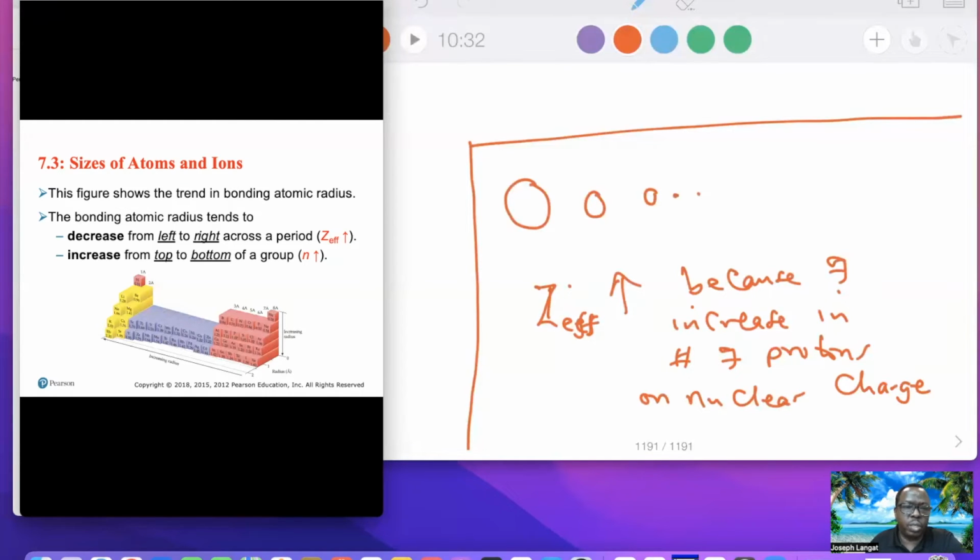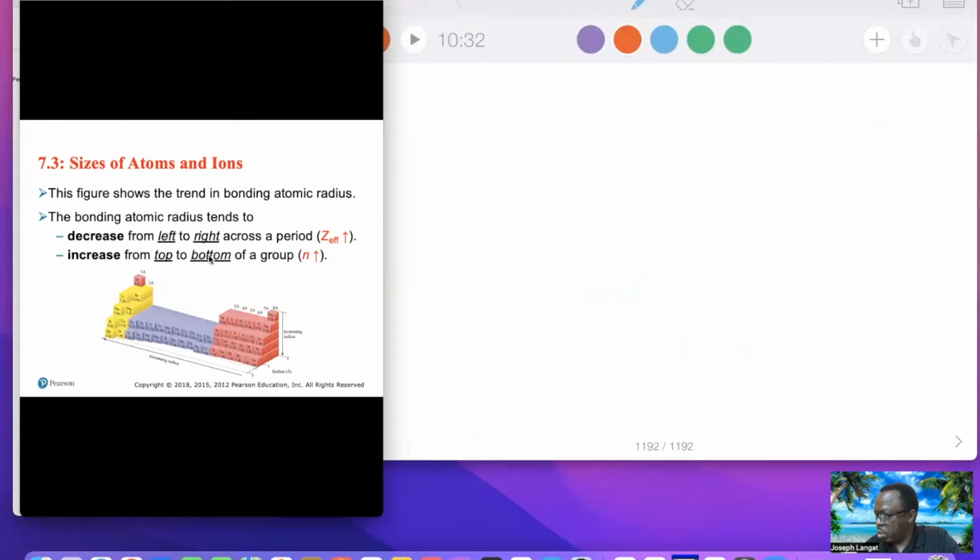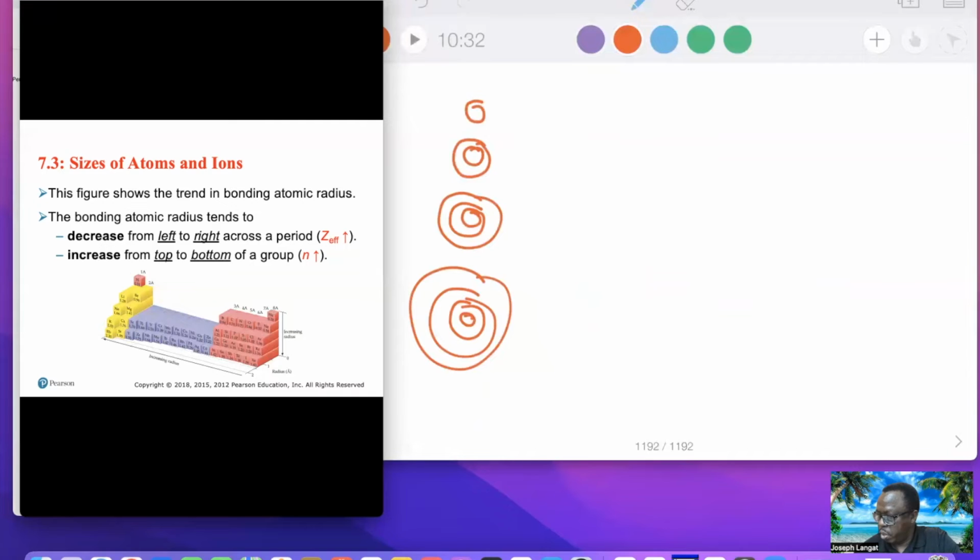That's what is causing this trend. Now it increases from top to bottom. Why? The reason why that happened is this is what's happening. We are increasing the shell. You see the shells? As you go down a group, it increases.